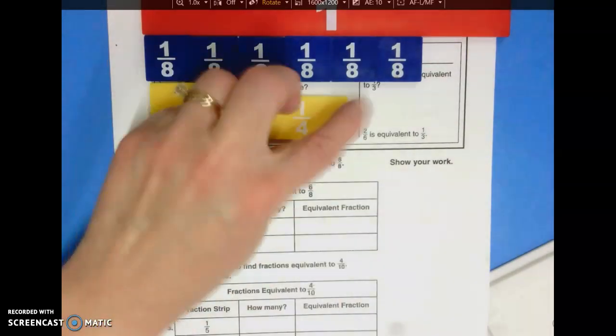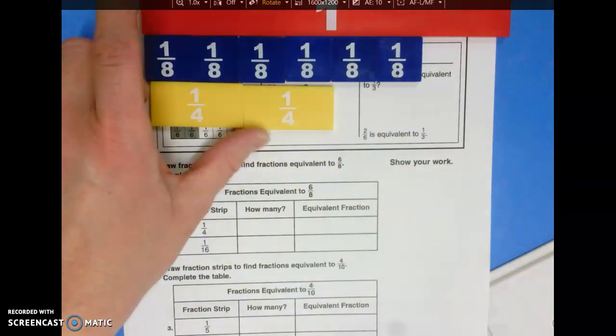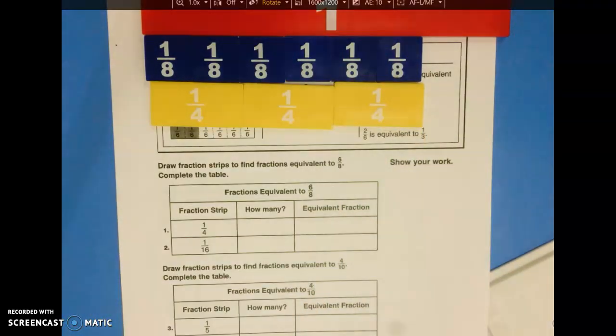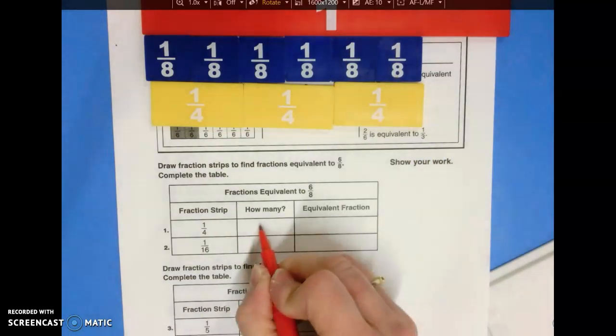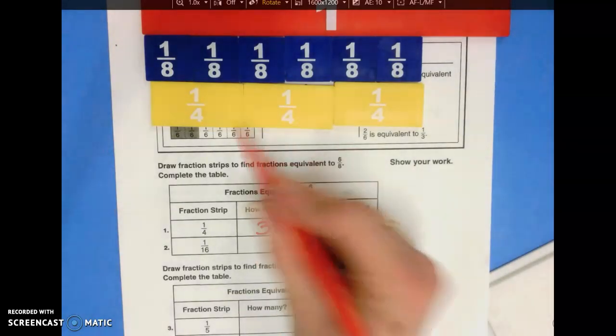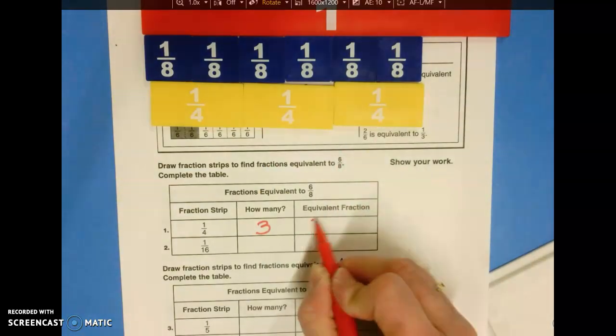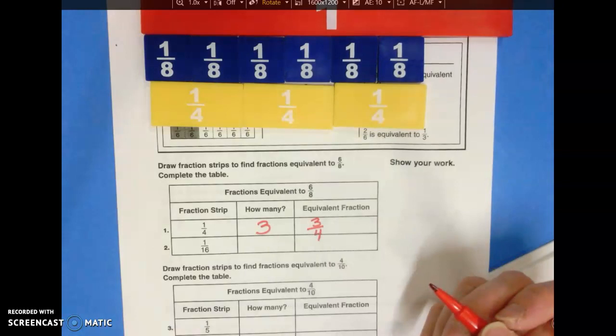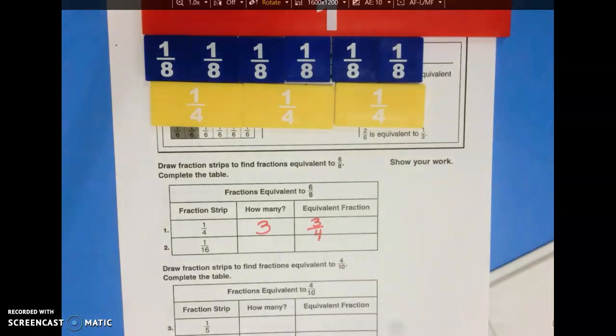Here's 2/4. And of course you see that 3. So how many pieces would I use? I would just use 3. And what's a fraction that's equivalent to 6/8? Well, 3 pieces of the 4th size, or 3/4. Now this next one is a little trickier.